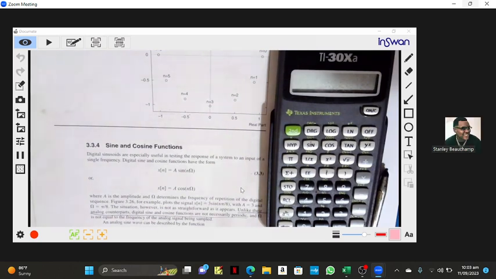It's the amplitude times sine, open bracket, pi over 2 divided by the period T times t, close bracket. Pi over 2?